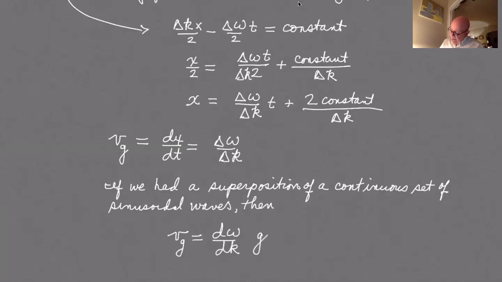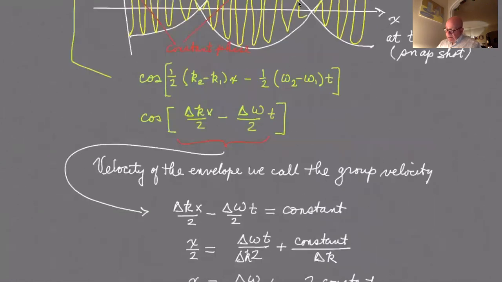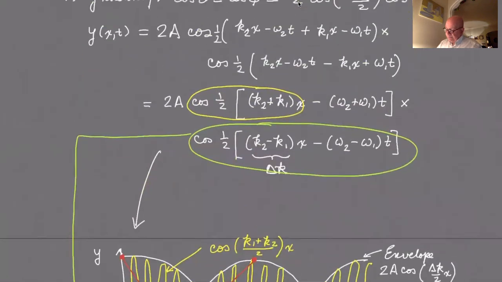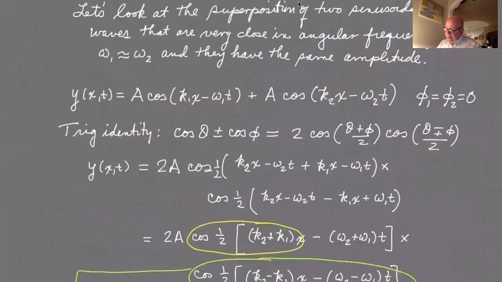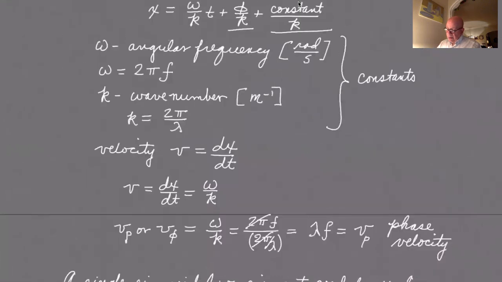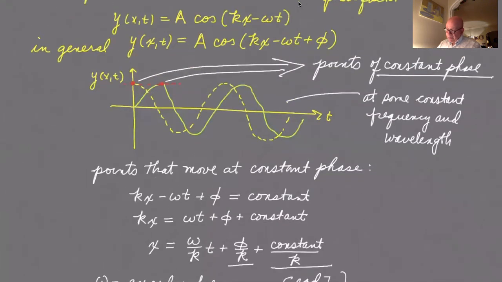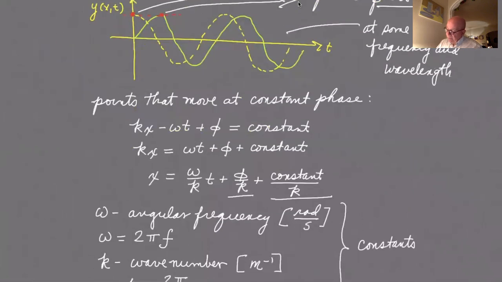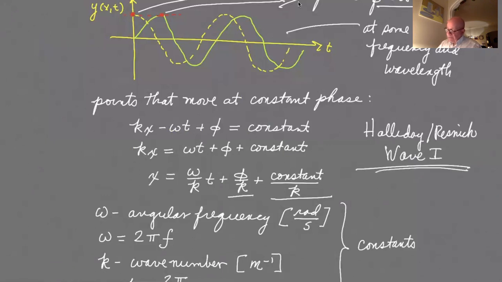So this would be the group velocity. All right. This mirrors pretty much the development in the textbook, so it's important that we get terminology down. And again, if you need to go back and review, Halliday, Resnick, and Walker, Waves 1 is a good review for this.